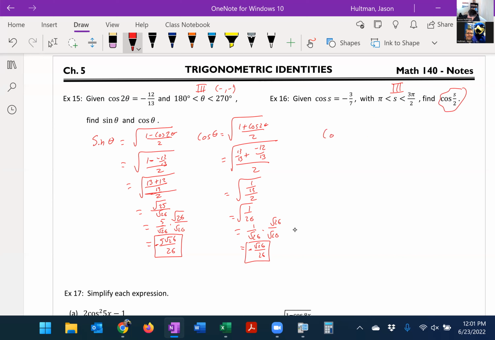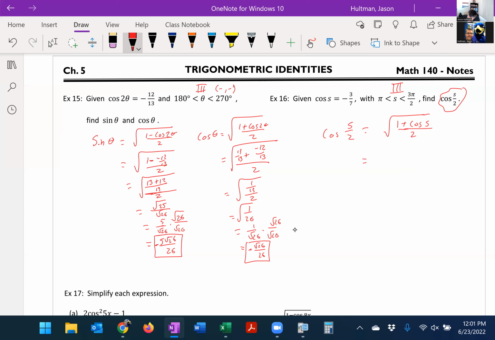So cosine of s over 2 is equal to the square root of 1 plus cosine s all over 2, because double one half is just the variable s.